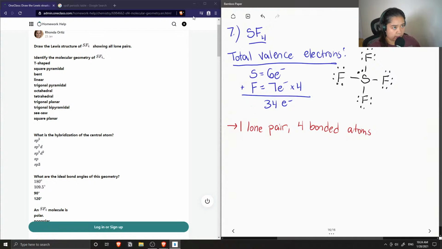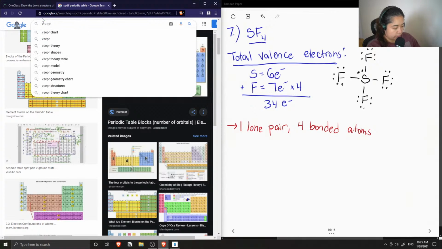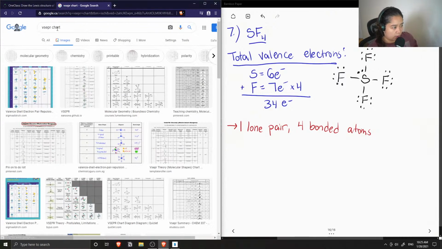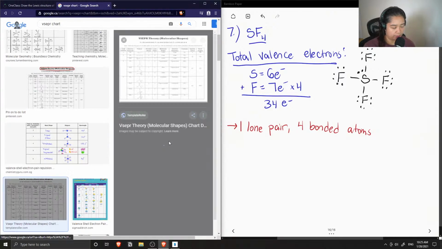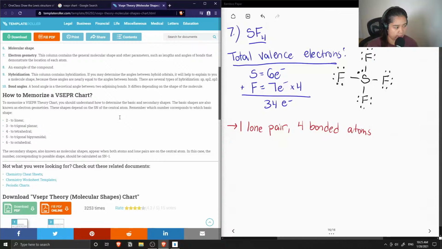So now we can use a helpful VSEPR chart to help us answer all the following questions.